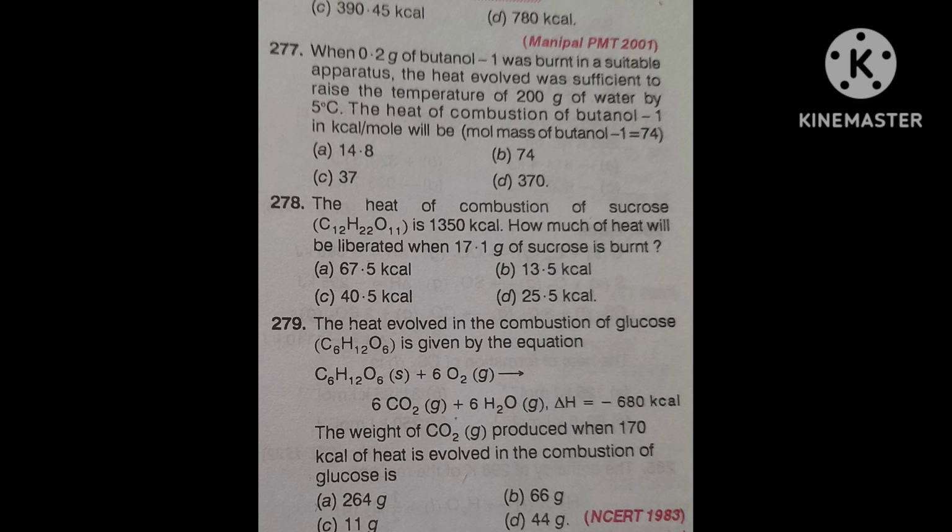Molecular mass of butanol-1 is 74. Actually you have to tell the heat of combustion of butanol-1 in kilocalorie. Options: 14.8, 74, 37, 370.